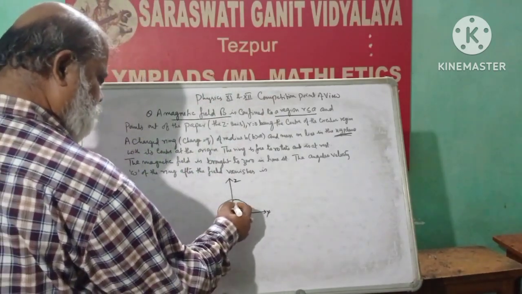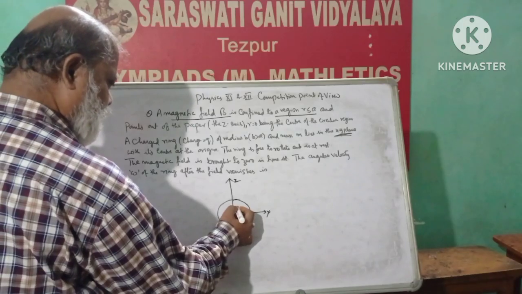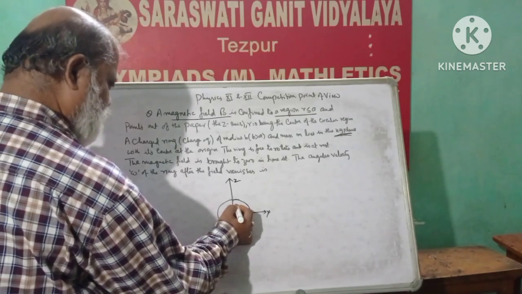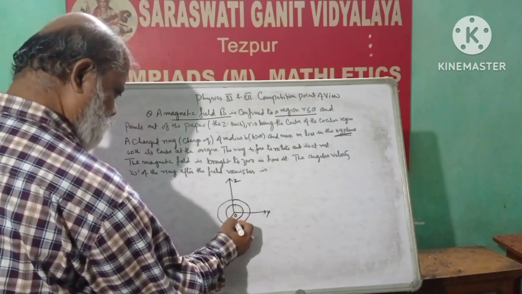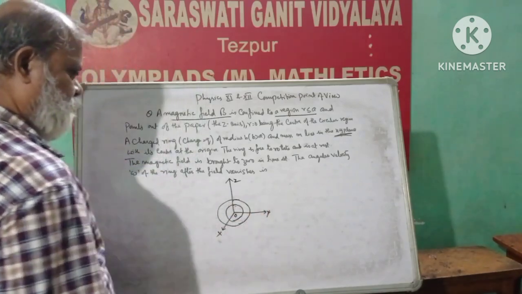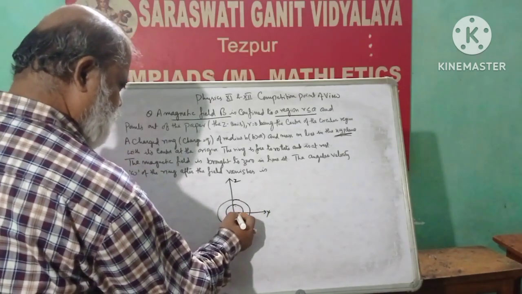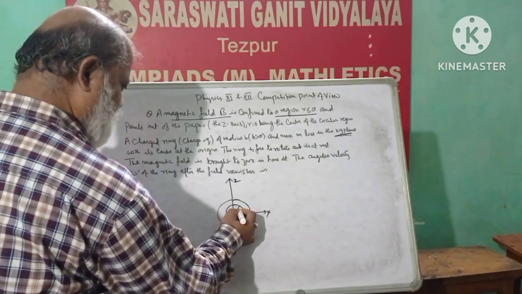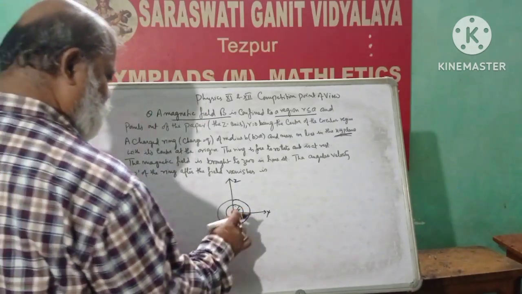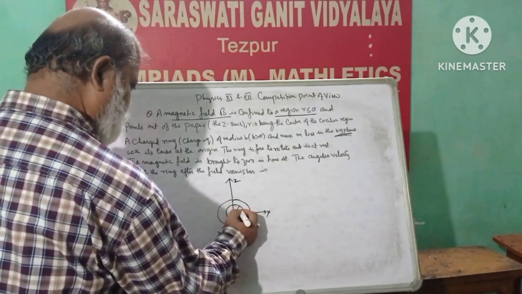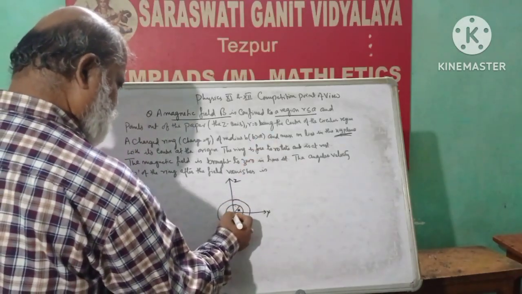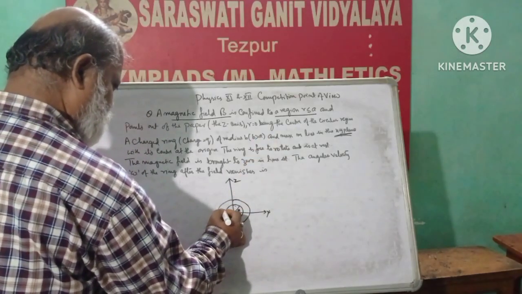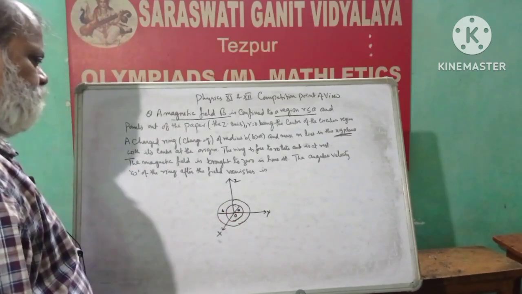That means B is greater than A. This is your magnetic field, and this is your ring. The radius of the magnetic field is A, and the radius of this ring is B.